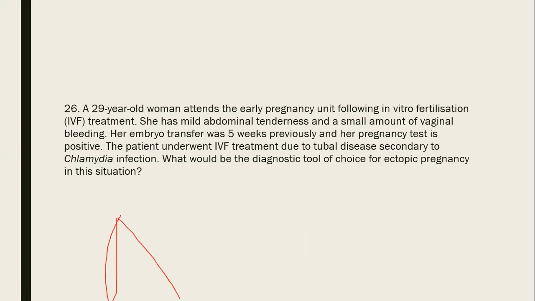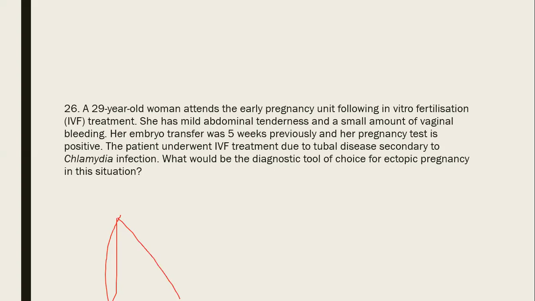Yes. A 29-year-old woman attends the early pregnancy unit following IVF treatment. She has mild abdominal tenderness and a small amount of vaginal bleeding. Her embryo transfer was 5 weeks previously. Her pregnancy test is positive. The patient underwent IVF due to tubal disease secondary to chlamydial infection.